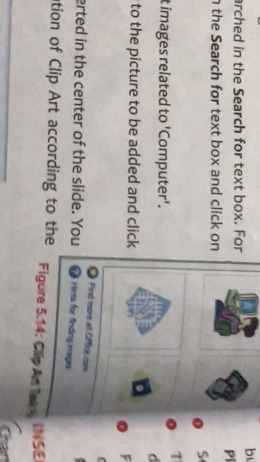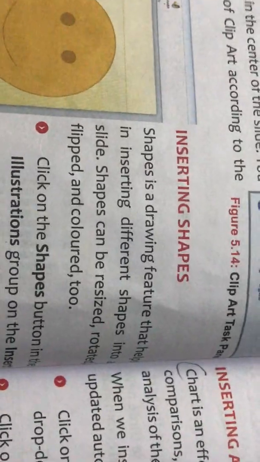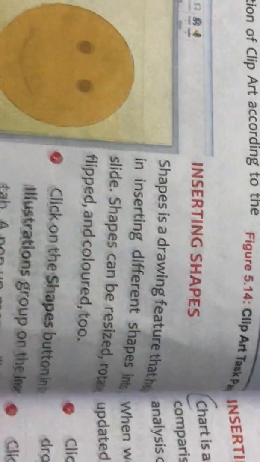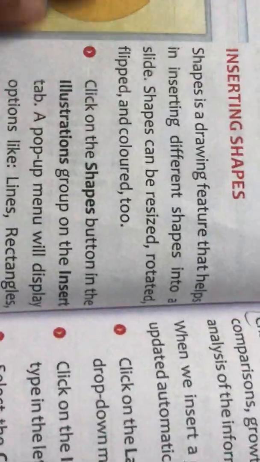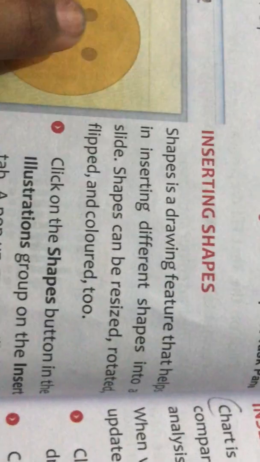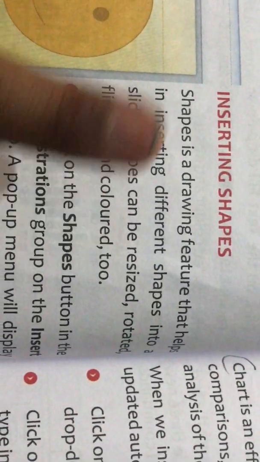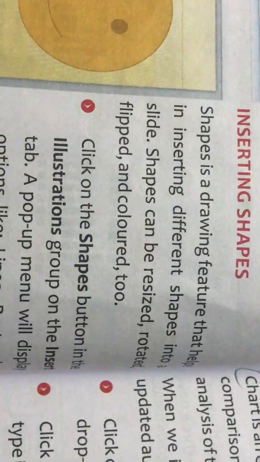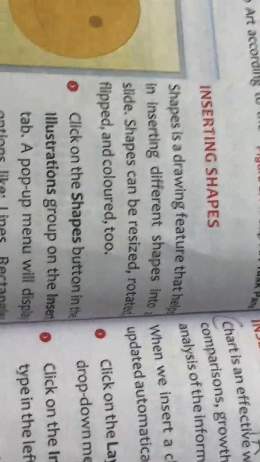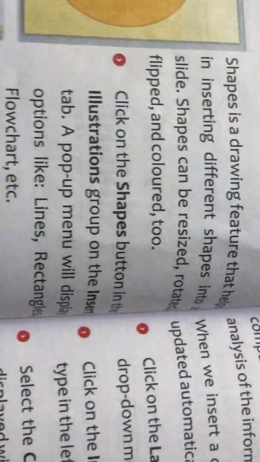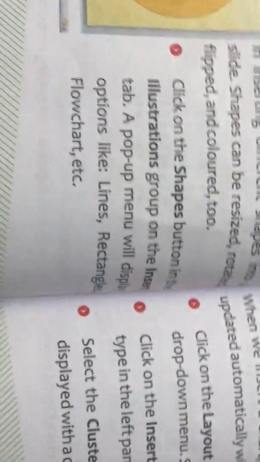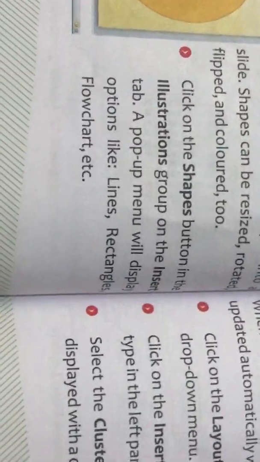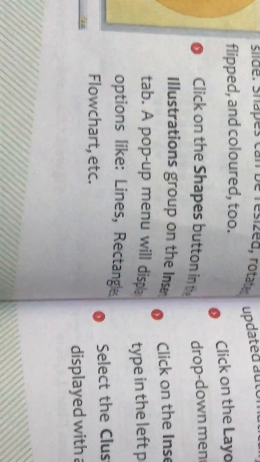Inserting shapes. Shapes is a drawing feature that helps in inserting different shapes into a slide. Shapes can be resized, rotated, flipped, and colored too. Click on the Shapes button in the Illustrations group on the Insert tab.